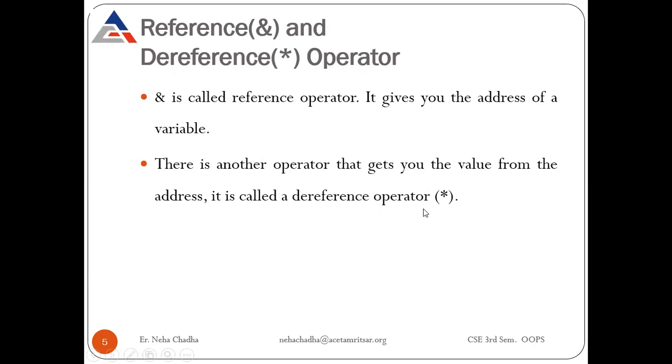When we are concerned with the address value, then we will use the reference operator with the ampersand sign. When we are concerned with the value of the variable whose address has been stored in the pointer variable, then we will use the dereference operator, that is with the asterisk sign.